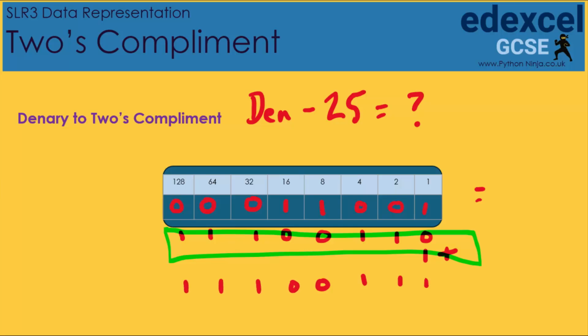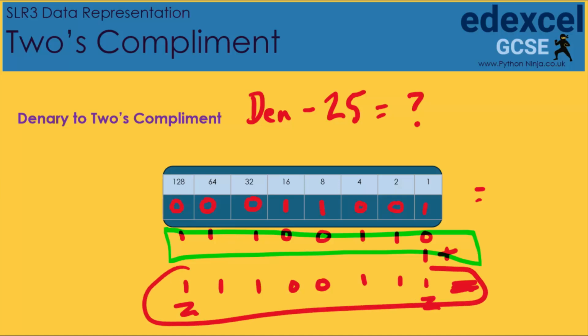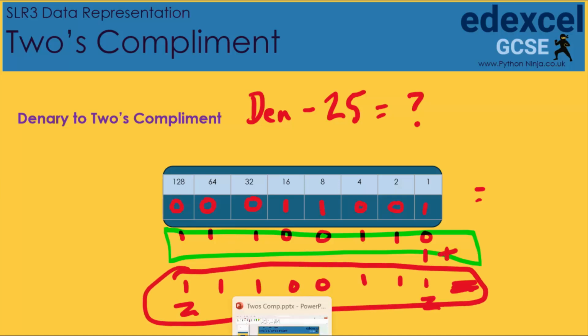Okay, common sense, so it's starting with a MSB of 1, so it is a negative number, and it's finishing with a 1, so that is suggesting it's an odd number. So now we can reverse engineer it. So this is our answer.